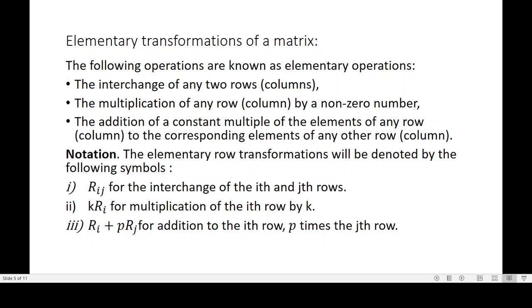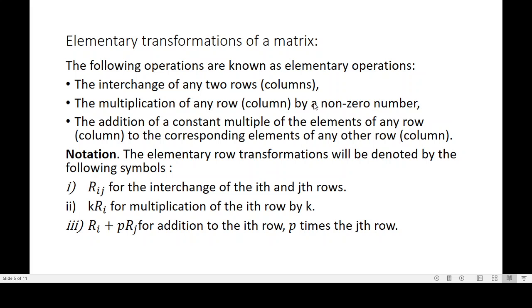Now let us understand elementary transformations of a matrix. There are three following operations which are known as elementary transformations or elementary operations. If the operations are performed on rows, these operations are known as elementary row operations. If the operations are performed on columns of a matrix, these operations are known as elementary column operations.